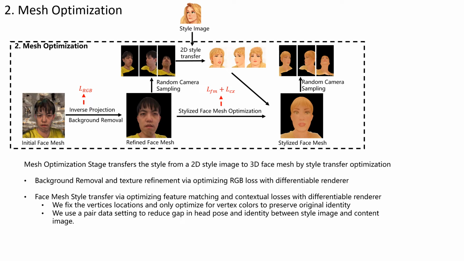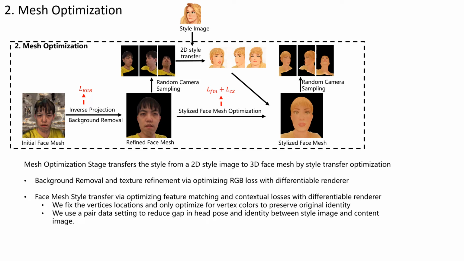We use a paired data setting for the style transfer optimization, which we found quite significantly improved the style transfer quality. The main reason for that is that the raw style image often has a large head pose and identity difference with the rendered face mesh images.